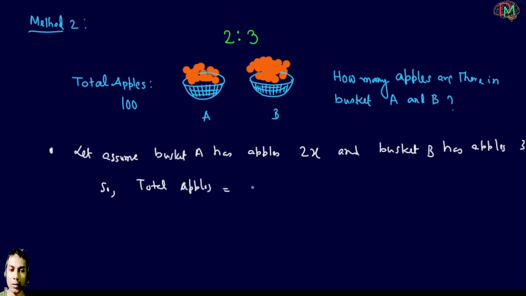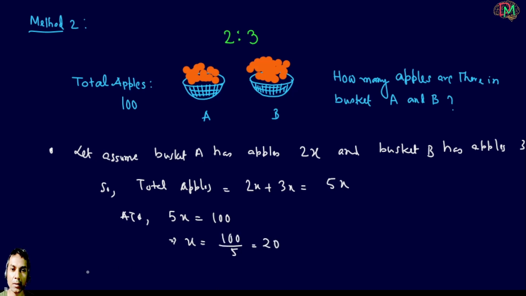In baskets A and B, it is equal to 2x plus 3x. So this is 5x, and according to the question, 5x is equal to 100 apples. So we have x is equal to 100 by 5, so this is 20.